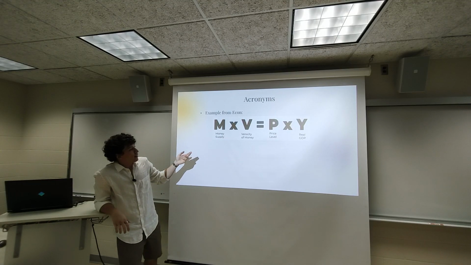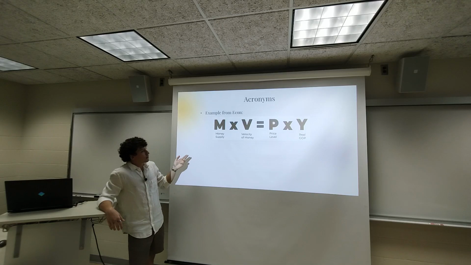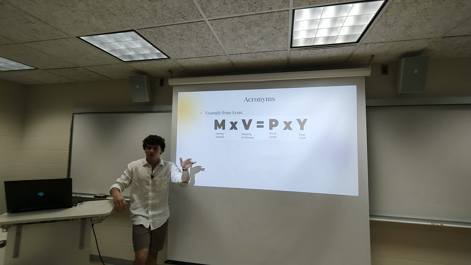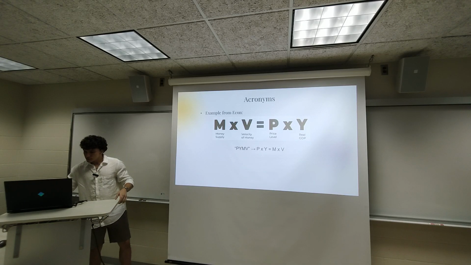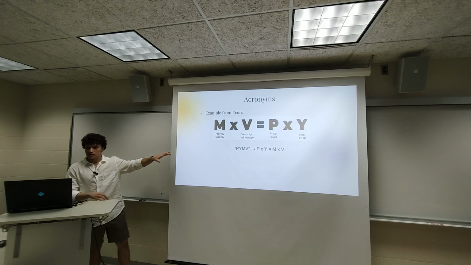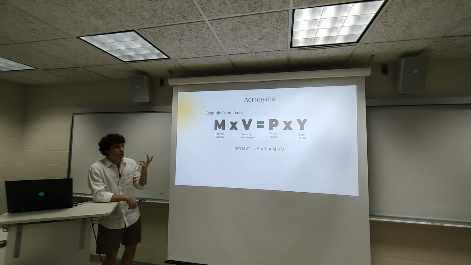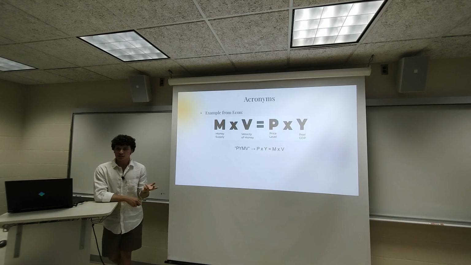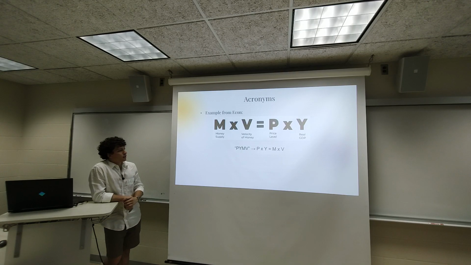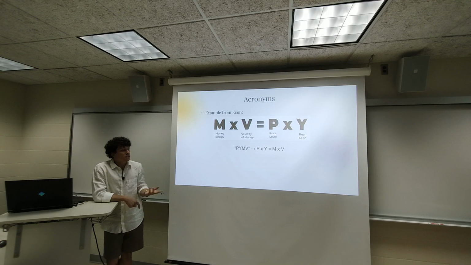Like if it's PY equals M times V, I would read it like PIV, for instance. You get the idea, so you can memorize things that way. What does PIV mean? Nothing, absolutely nothing. But I use that to memorize this formula, and it's quick.